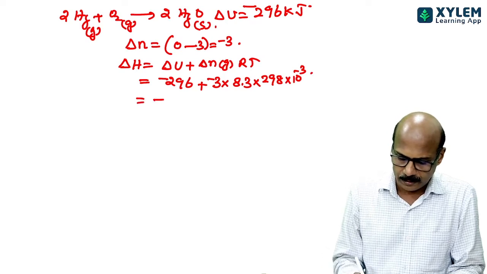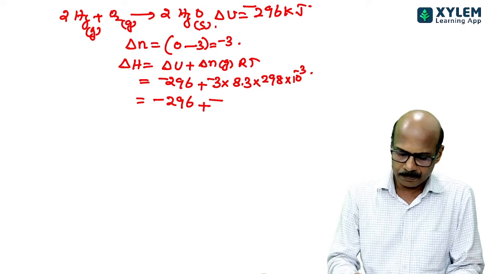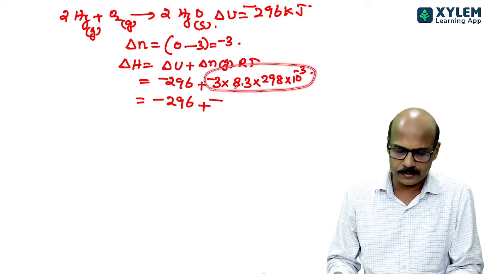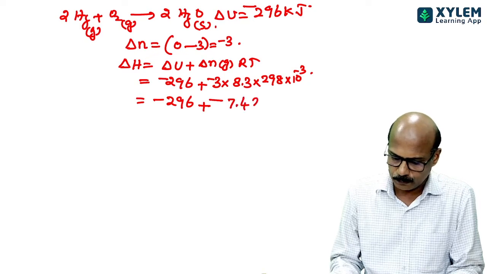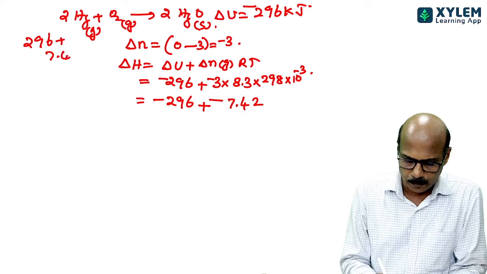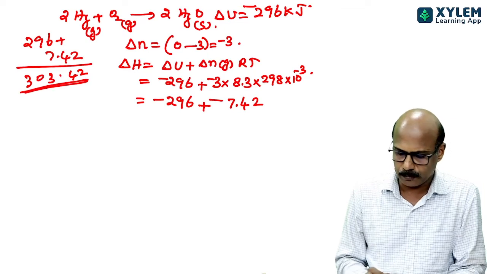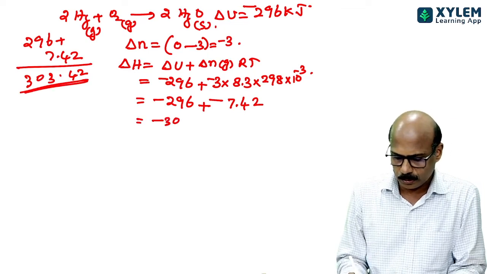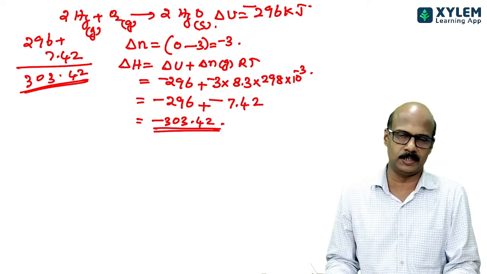So you can see minus 296 kilojoule plus minus, if you multiply all these things, you will get minus 7.42. So 296 plus 7.42 will be 303.42. Minus 303.42 is the delta H during the process.